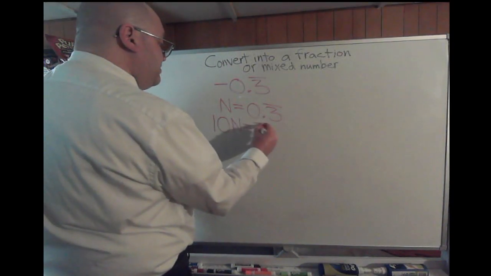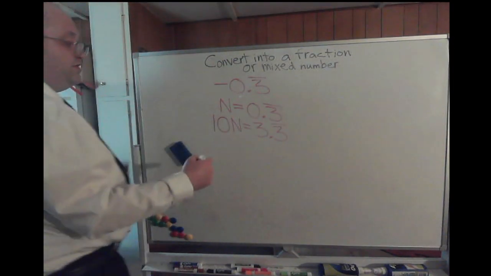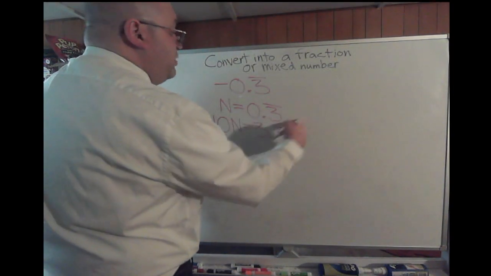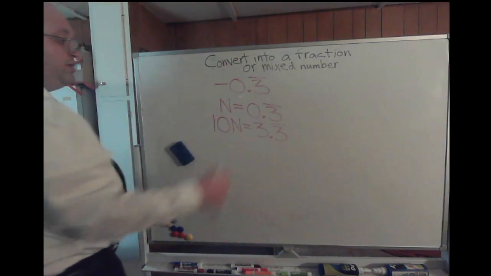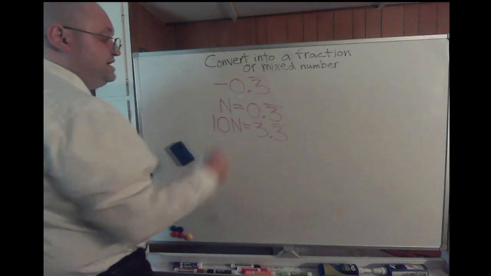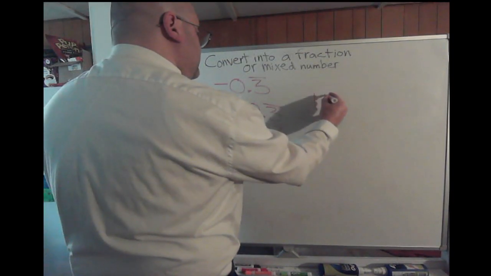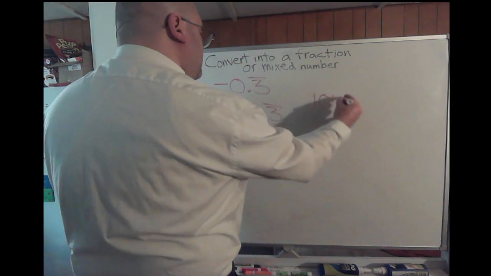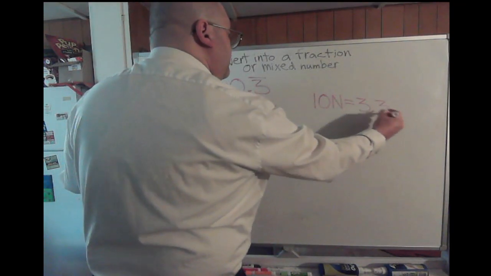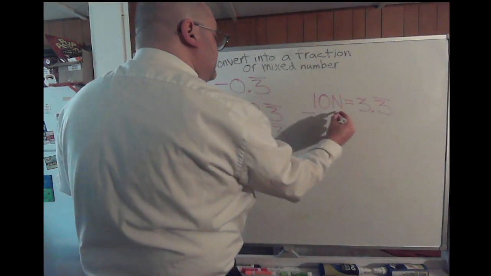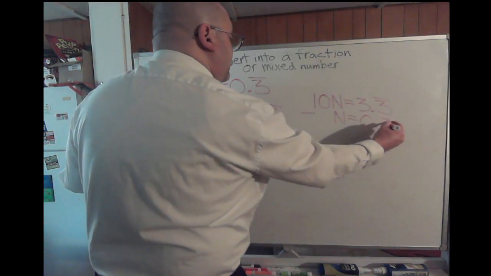10n will equal 3.3 bar, because if you move the decimal over 1, you have 3.3 repeating. So 10n equals 3.3 repeating minus n, which is equal to 0.3 repeating.